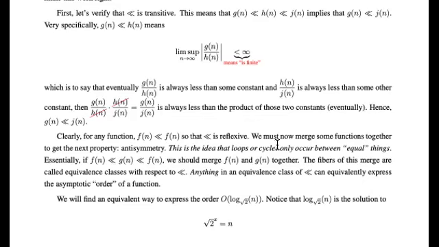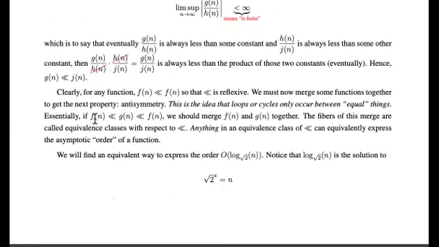Okay, but in order to have anti-symmetry for a poset, we're going to have to merge things, and that's where the function classes, or equivalence classes of functions, come in, in order to make the chunking, to make a poset. In general, if f is asymptotically less than g, and g is asymptotically less than f, that's like a loop around. We don't want that for the anti-symmetry property of a poset, so we need to merge all these together in order to be okay.